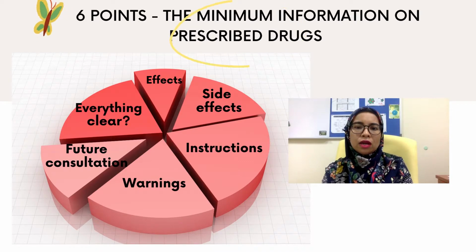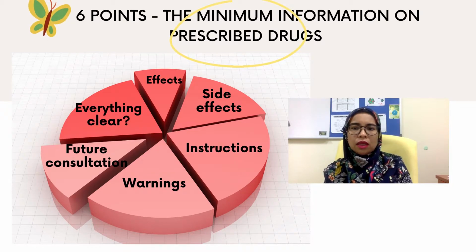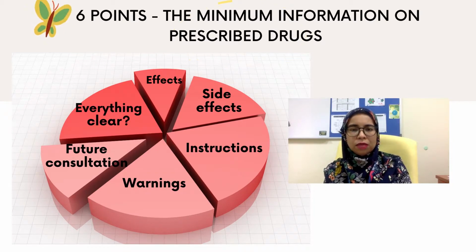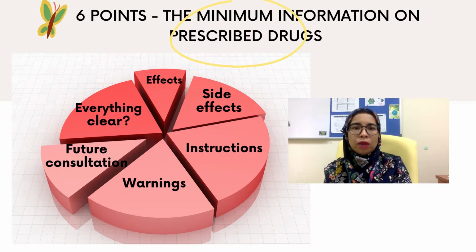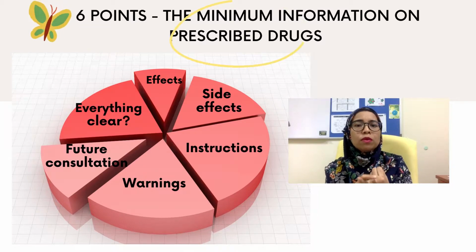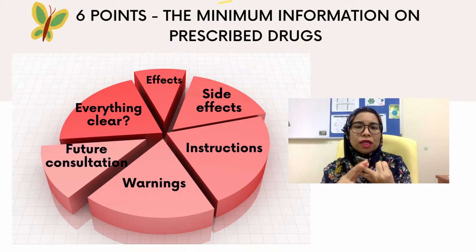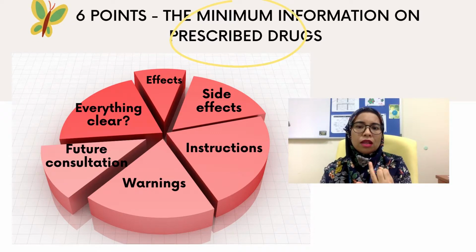There are 6 points that you should give as a minimum information about a prescribed medication to the patient. Number 1 is the effects of the drug. Number 2 is the side effects. Number 3 is instructions.